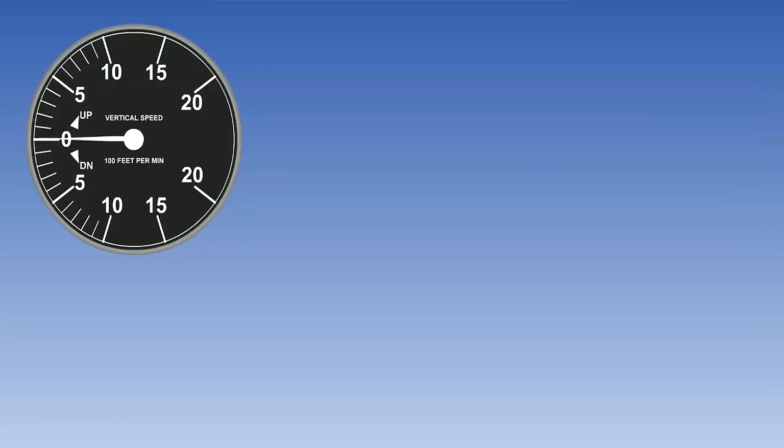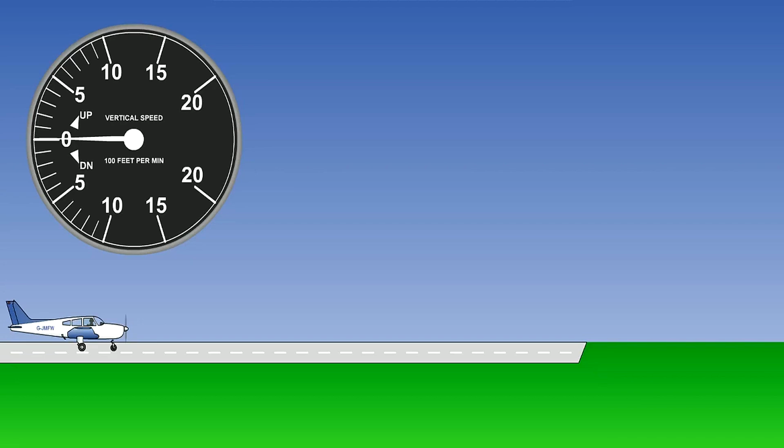The first error to consider is instrument error. This results from manufacturing imperfections, friction and wear in the mechanical linkages. Next is position error, which is sometimes referred to as pressure error. As we have seen, the VSI relies on static pressure for its operation.